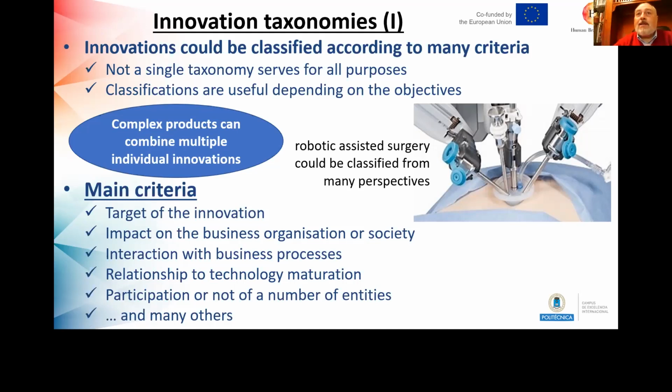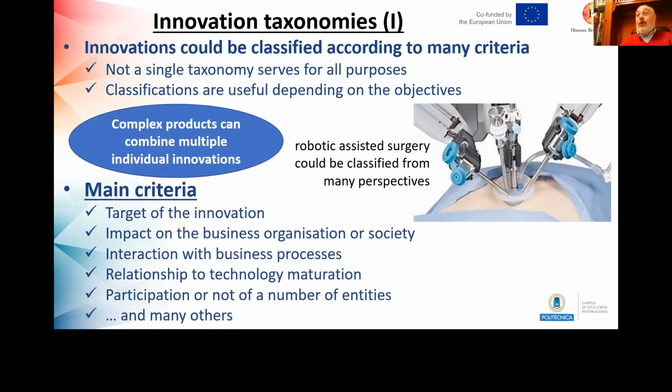I have put here an example with robotic assisted surgery, and it could be classified from many perspectives. It's running, it's just a machine that exists today. In these cases, I can try to think of this kind of innovation specifically.